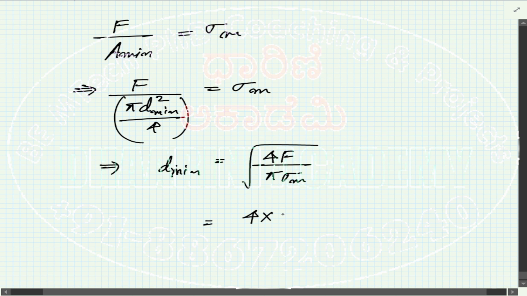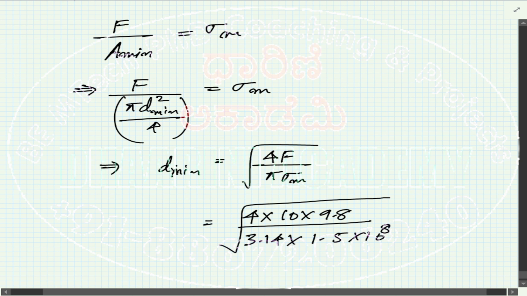So converting 10 kg is mass into the weight, that is 10 into 9.8. 9.8 is the acceleration due to gravity. That will convert the mass into force or the weight. Divided by pi, which is 3.14 into sigma, it's given 1.5 into 10 to the power 8, whole under the square root.